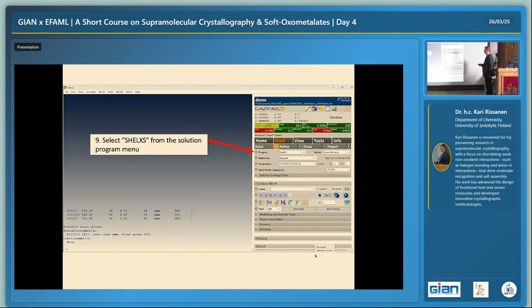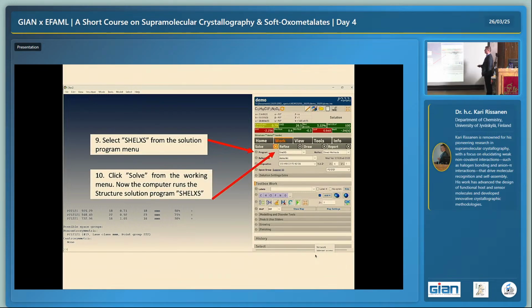So select this program menu here, and then click solve. It runs the program. The computer is now running the structure solution program called GIANxS. There are many possibilities, I think five or six known programs of this kind, but these selected programs are very good, so we use this.